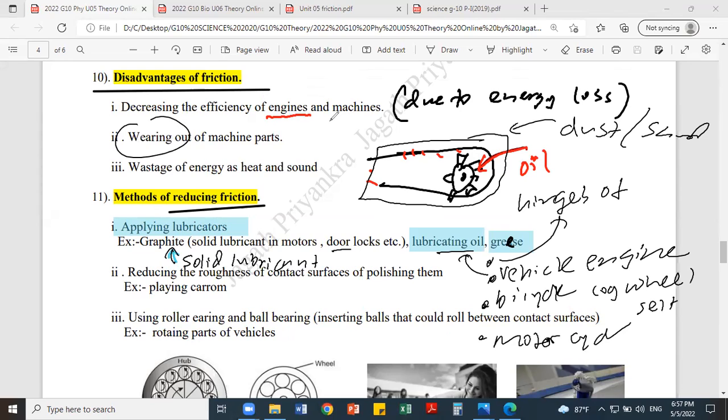Some places the tile surface is faded away, and some places the tile looks very new. So why? You can check in the entrance of the bank, the doorstep of your house, the tiles or whatever, the cement or the ceramic or whatever, the floor, due to the friction it's worn out, it's so faded away. So that's a disadvantage.